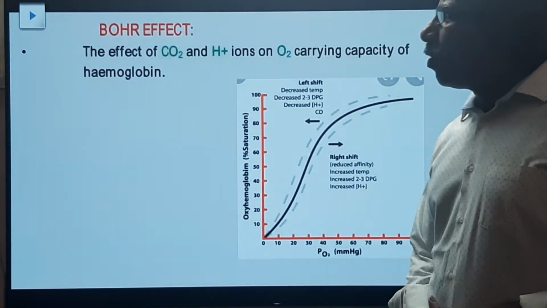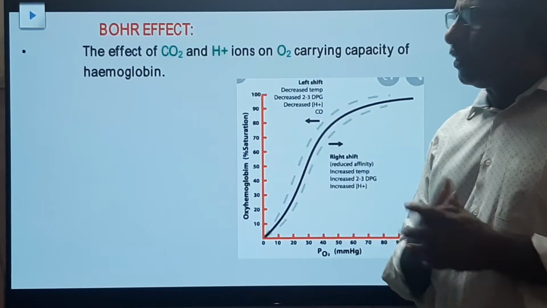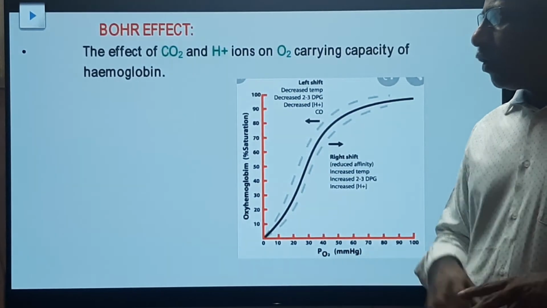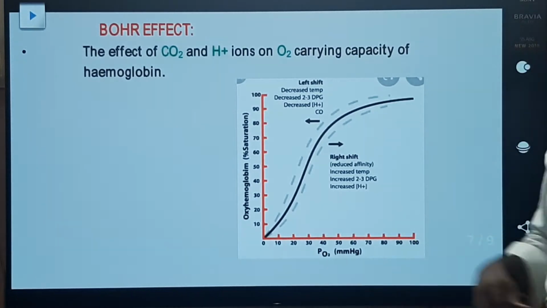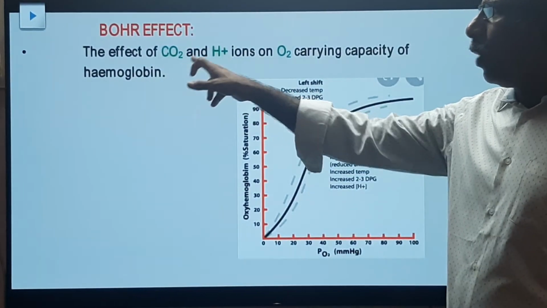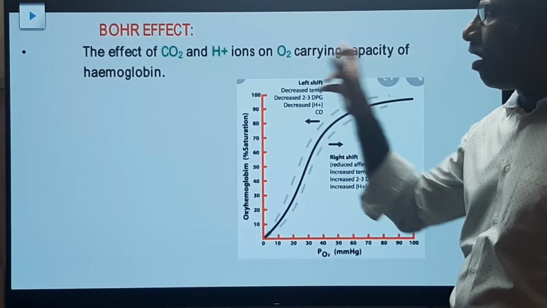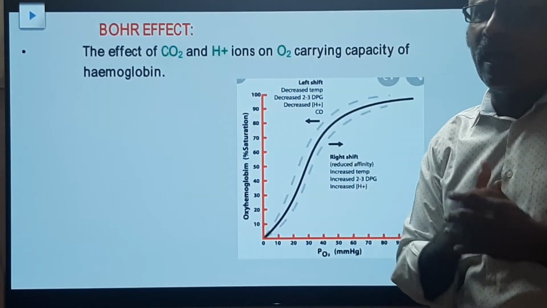Now we discuss the Bohr effect. What is the Bohr effect? The effect of CO2 and H plus ions on the oxygen carrying capacity of hemoglobin is called the Bohr effect.